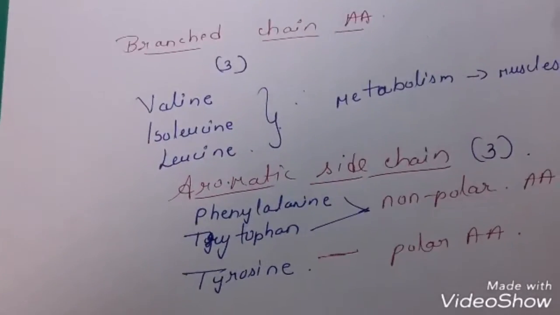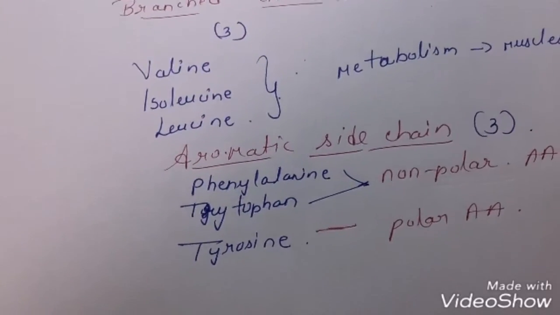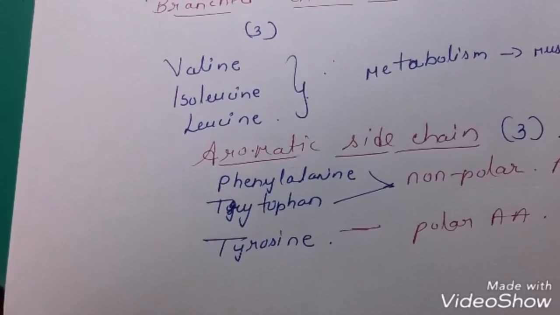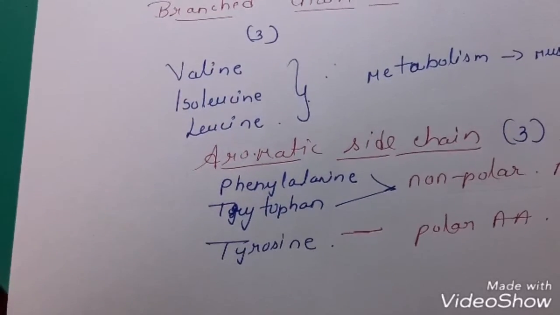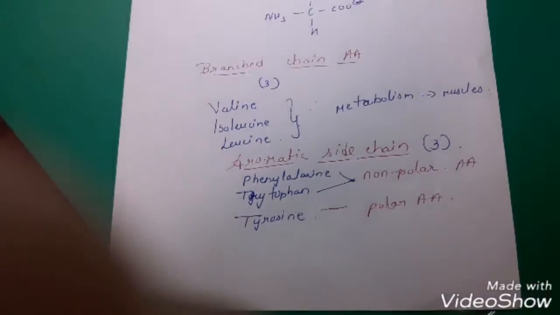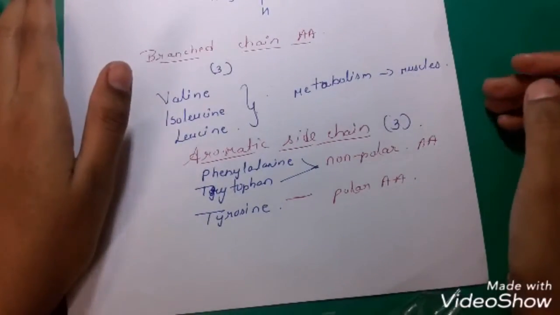The next one we saw was aromatic side chain, which are 3: phenylalanine, tryptophan and tyrosine. Out of these, phenylalanine and tryptophan are non-polar amino acids, whereas tyrosine is a polar amino acid. So this is the end of my video. I hope it was helpful to you.